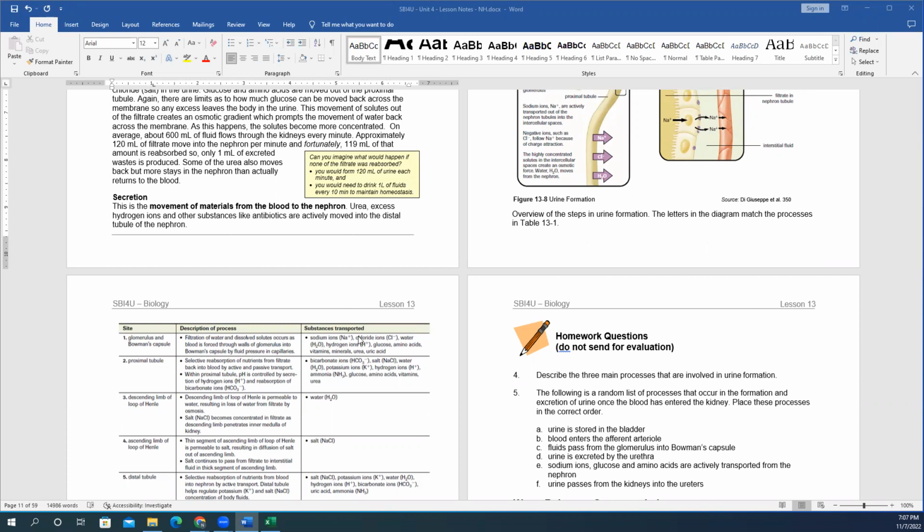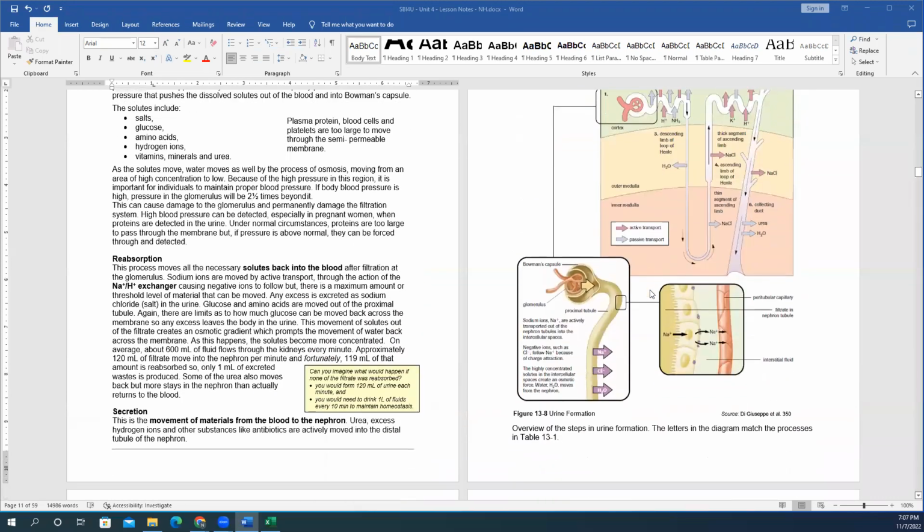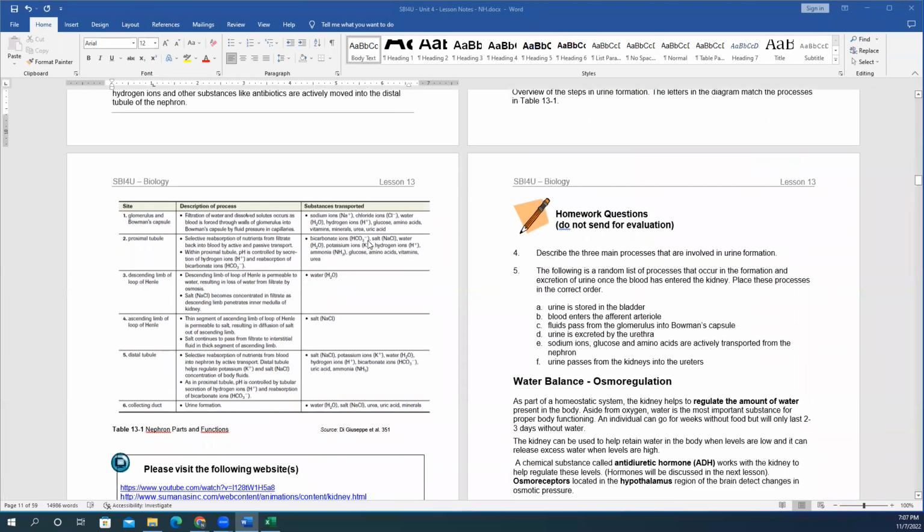And what are the substances that are transported here? Things like sodium ions, chloride ions, water, hydrogen ions, glucose, amino acids, vitamins, minerals, urea, uric acid. These are the substances that are transported in this step. So you can go through this and just follow it along.